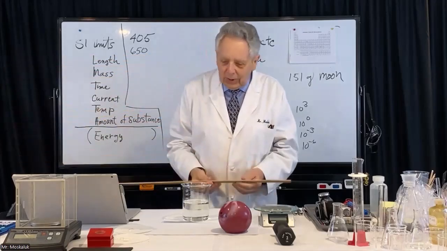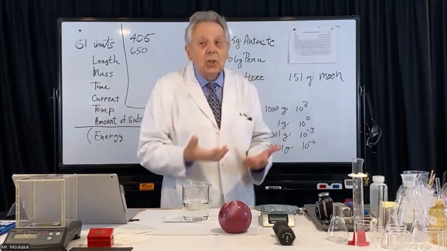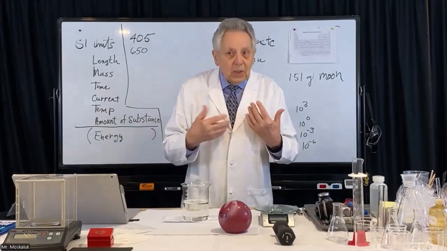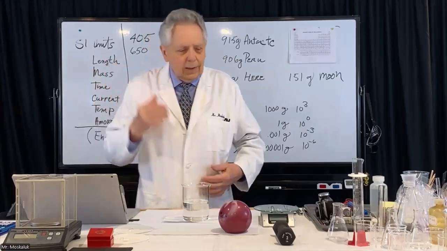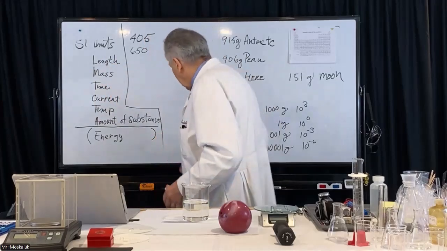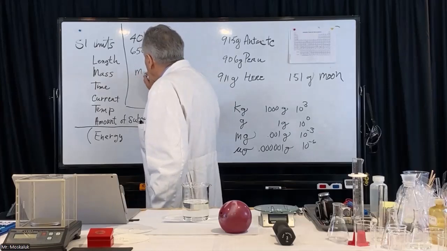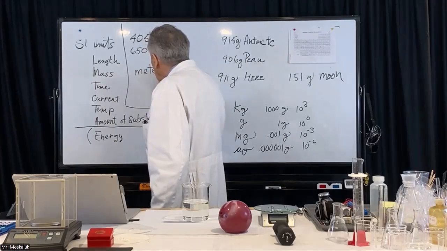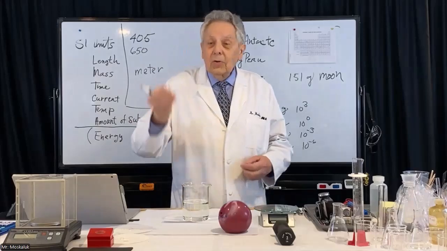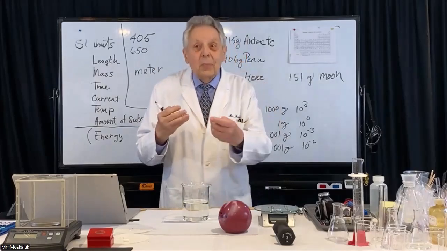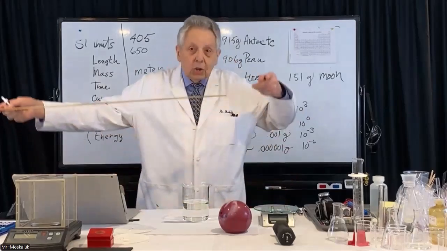But actually, what they did is they said, okay, we're going to make our unit of length the meter. They spelled it M-E-T-R-E, but we've got E-R. When they first set it up, it was supposed to be one ten-millionth of the distance from the equator to the North Pole, but that was tough to measure. So they made a bar about 39 inches long.